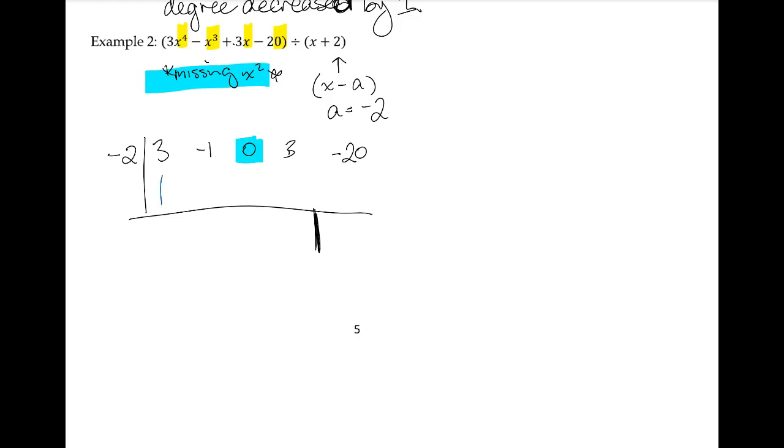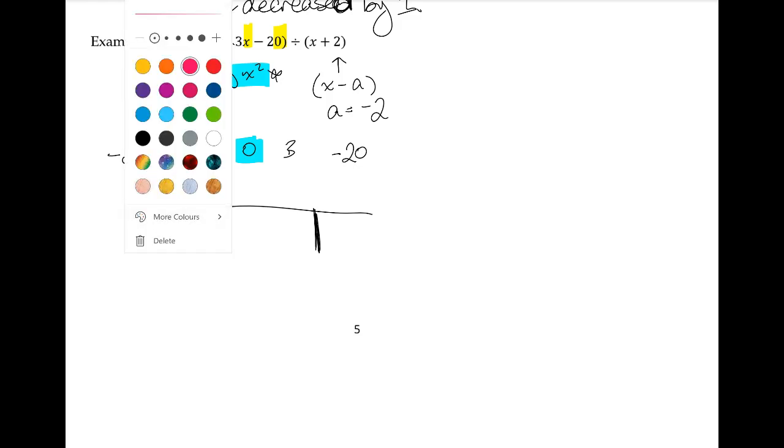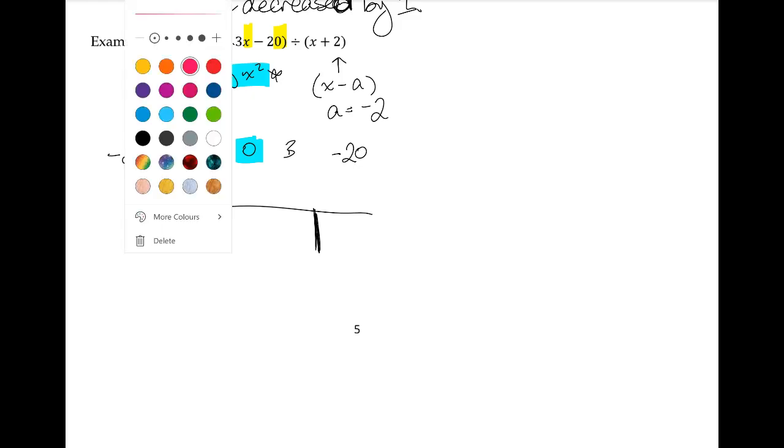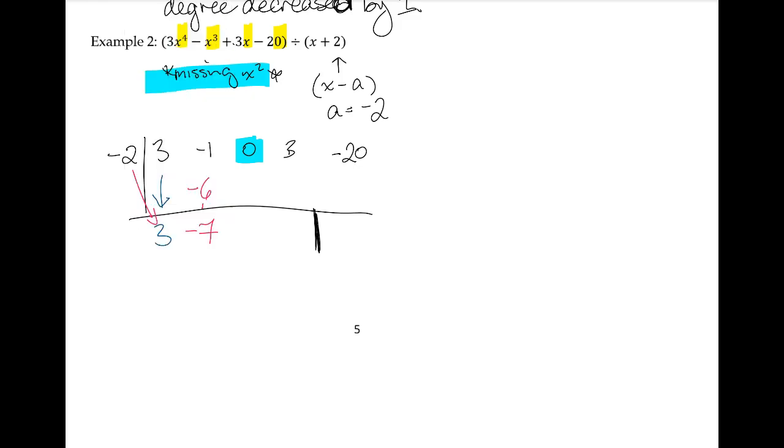So first step, carry down the 3. Second step is -2 times 3 is -6. Write it up here. Add them together: -1 plus -6 is -7. Then I'm going to multiply -2 by -7, which is 14. 0 plus 14 is 14.